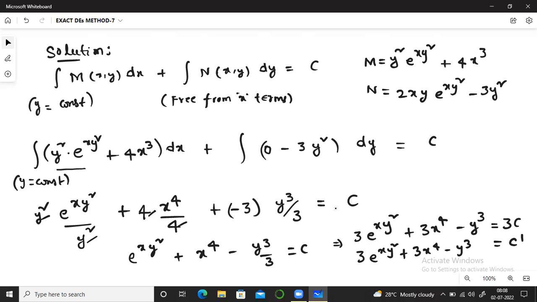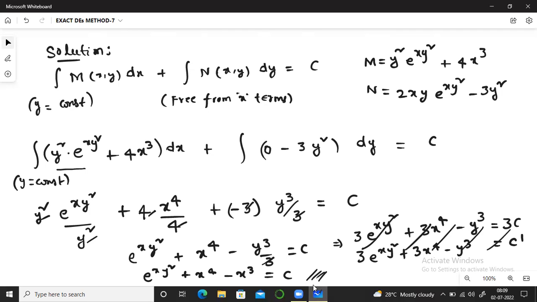Actually, 3 will be cancelled right here. So this 3 will not be there, so you need not write this. No LCM. So the final answer is e to the power xy square plus x to the power 4 minus y cube is equal to c.